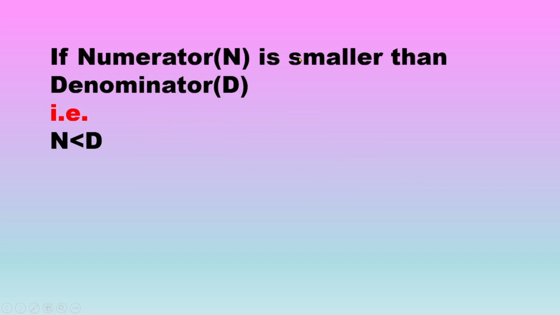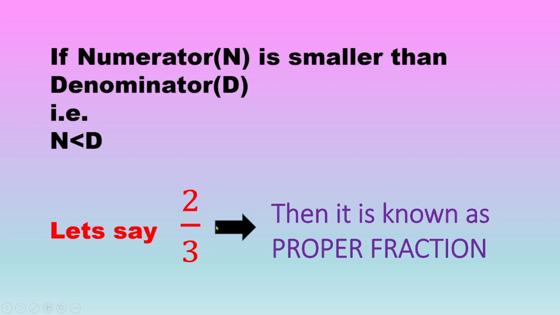If numerator is smaller than the denominator, for example 2/3. Here numerator is 2, denominator is 3 and 2 is less than 3. That is numerator is less than denominator. In that case, this fraction is known as proper fraction.